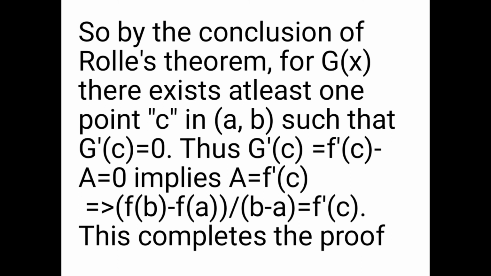But g'(c) is nothing but f'(c) minus A. So f'(c) minus A is equal to 0 implies A is equal to f'(c). Earlier, A is equal to f(b) minus f(a) divided by (b minus a). Combining both equations, f(b) minus f(a) divided by (b minus a) is equal to f'(c). So this completes the theorem and proof of Lagrange's mean value theorem.